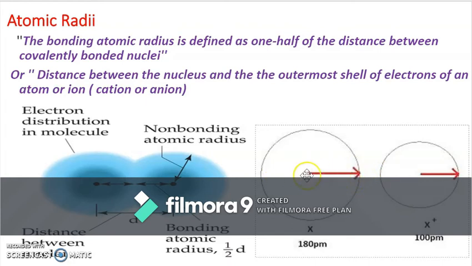So simply it is the distance between the nucleus and the outermost shell of electrons of an atom or ion, that is, in ionic state or atomic state. Atomic state is free from charge, and ionic state is having a charge. It may be cationic or anionic.